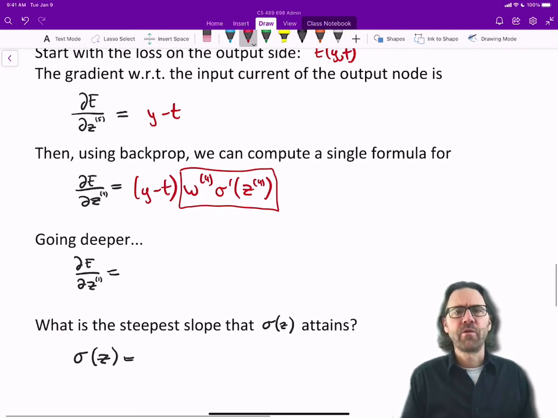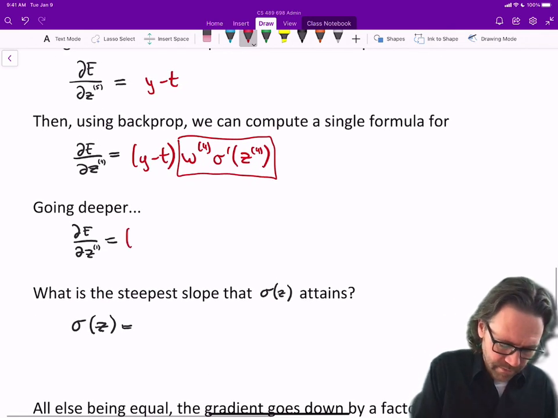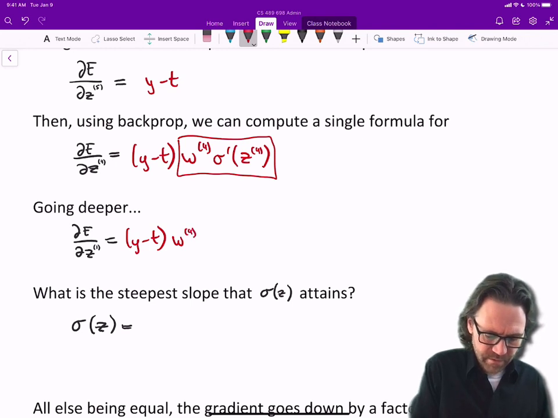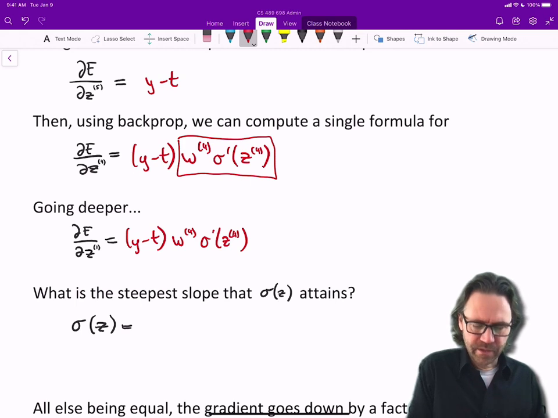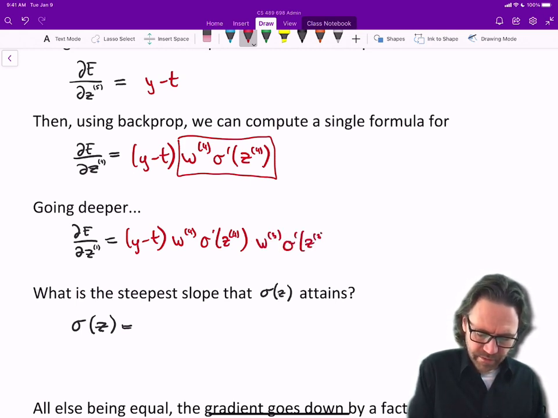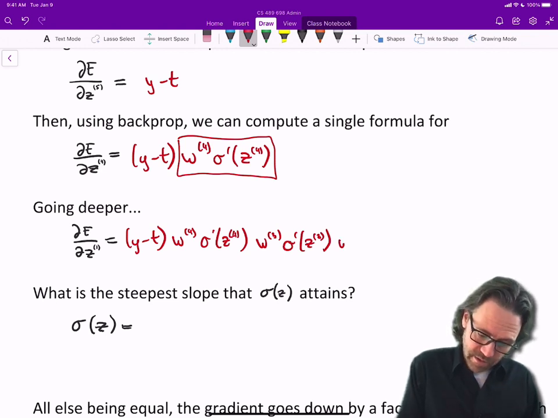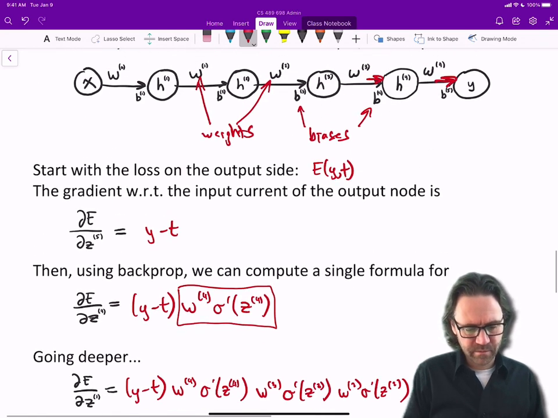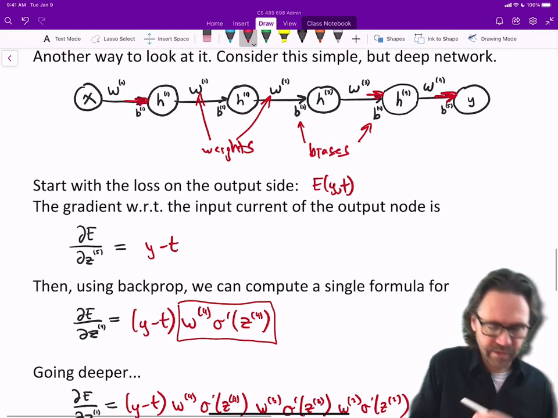So going all the way down, we get (y minus t) times W4 sigma prime Z4, times W3 sigma prime Z3, W2 sigma prime Z2, W1 sigma prime Z1. Where's Z1? Yeah, that's the input current down here.